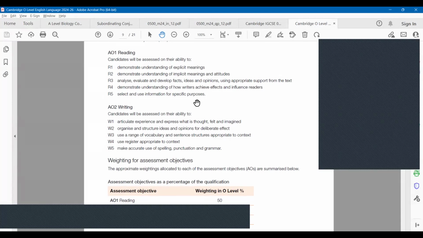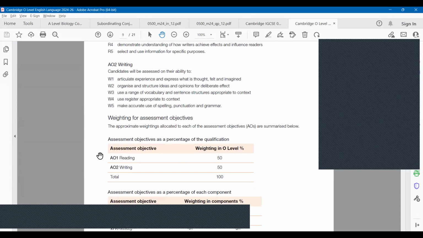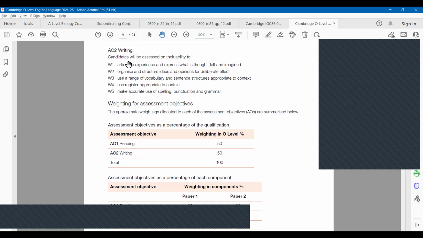That is answering the question and writing what is required, not going off on a tangent, not writing stories or putting in too much detail or not being specific. Remember that Cambridge requires specific answers.